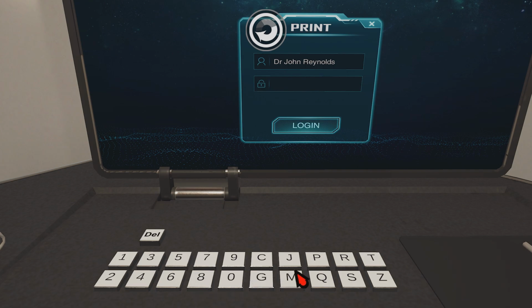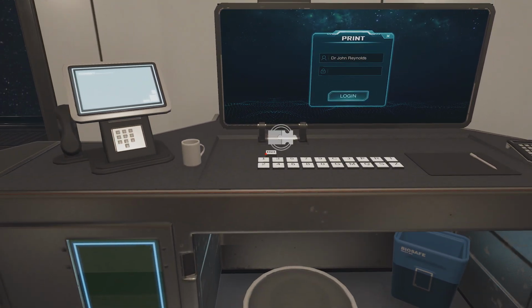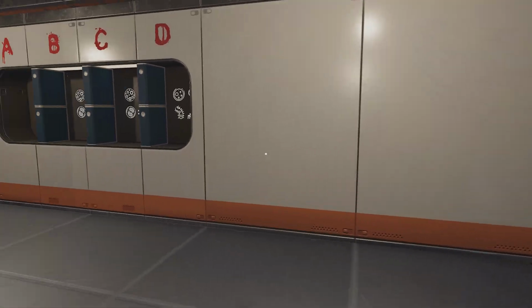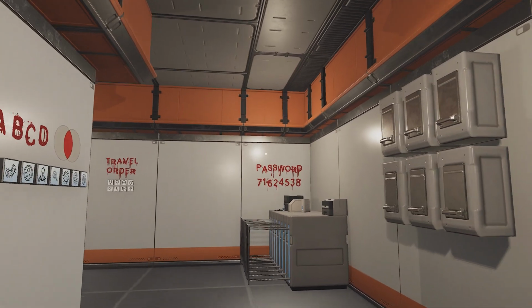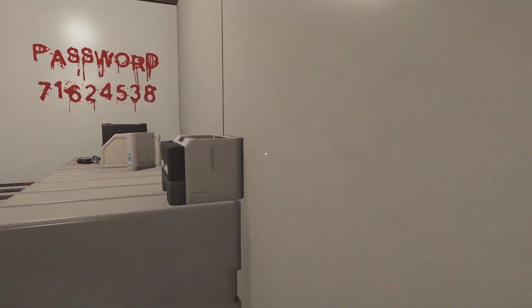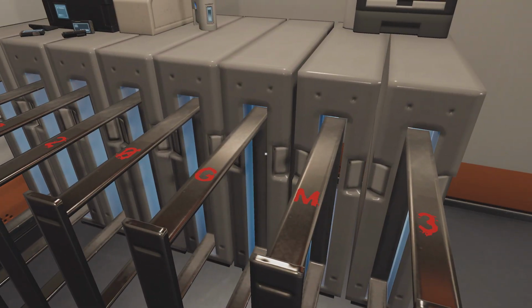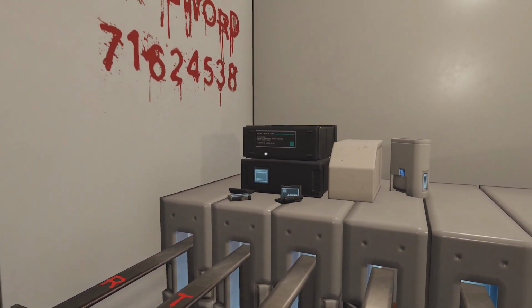No. And then the other one was RT320GM3, which also didn't work. Which is very weird because you would think if there's a number written underneath something that says password, that it would be a password.